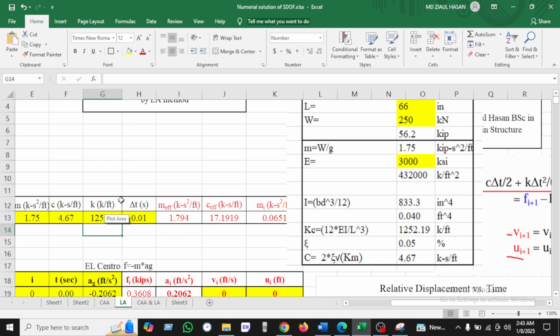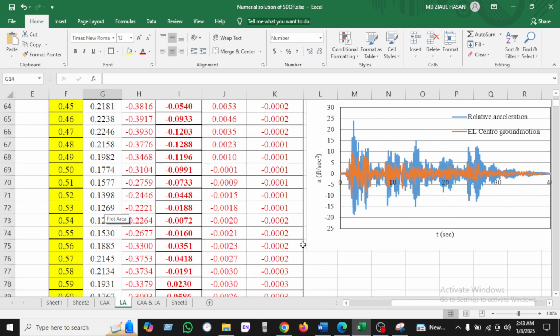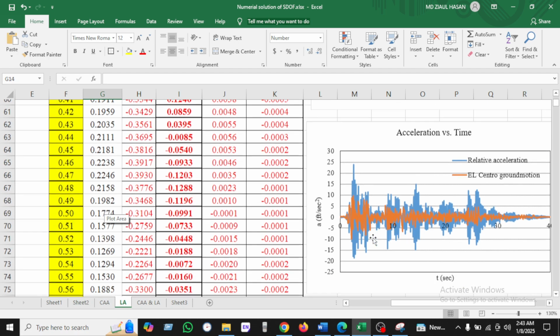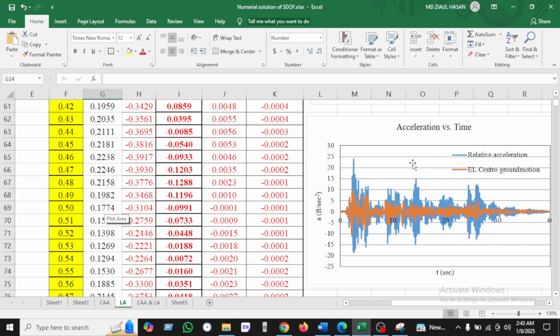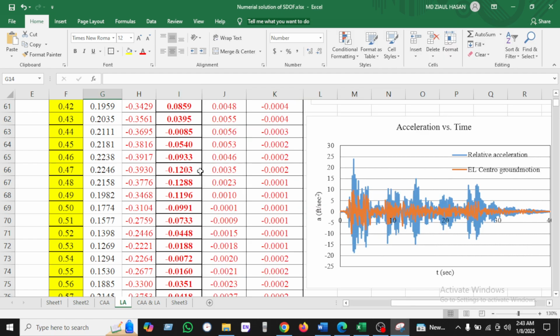Okay, so we have seen all the data has changed. We are seeing the major change here, as I am taking the snap and pasting it here again.